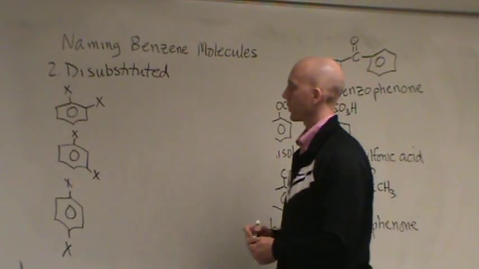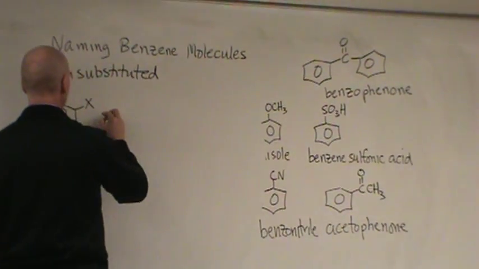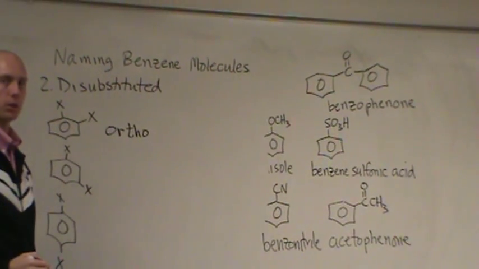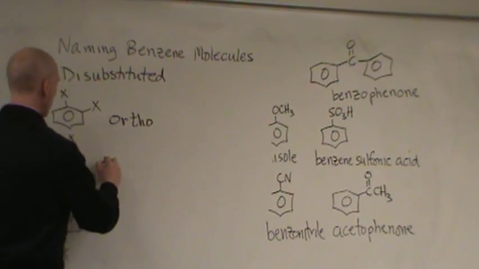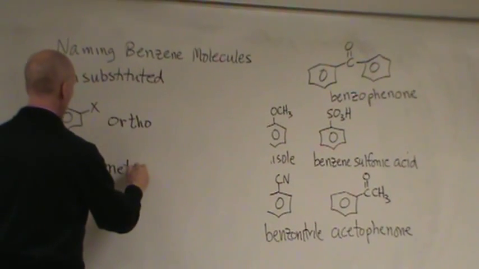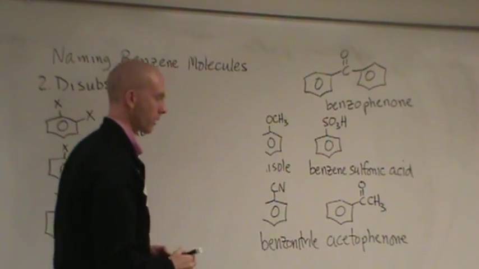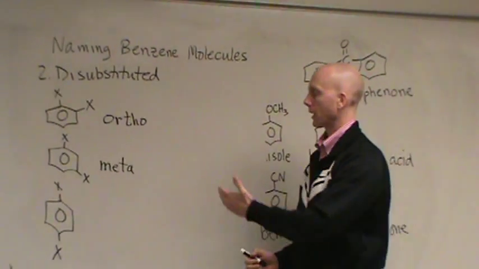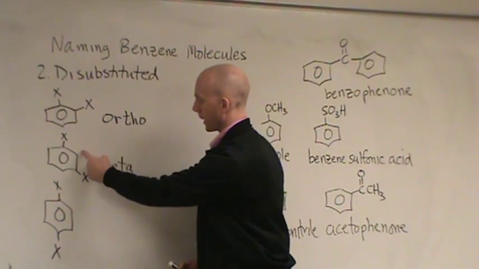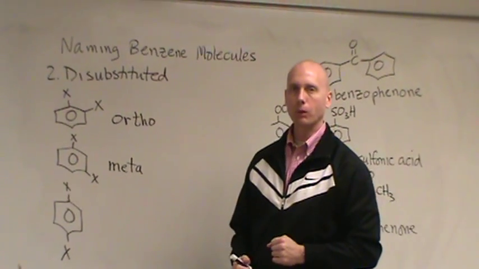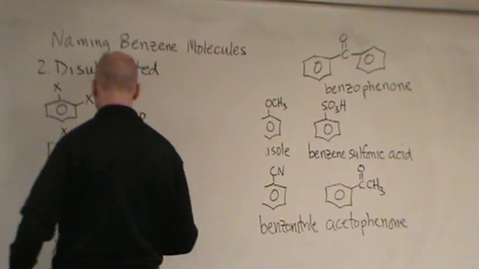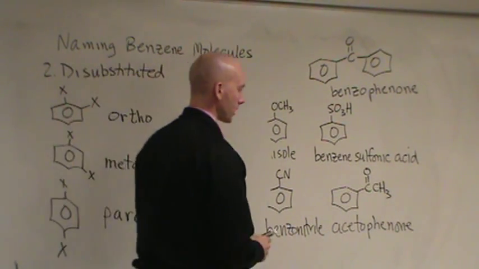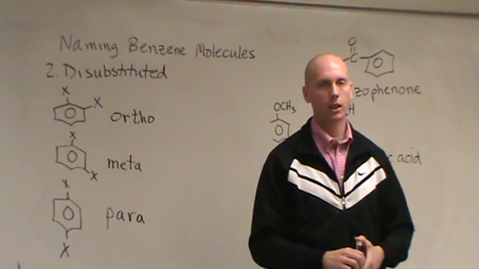Okay? If they are adjacent to each other, they're called ortho to each other. If they're an extra carbon away, that's called meta. Meta means beyond, so it's beyond the ortho by one. And lastly, you have the para setup.